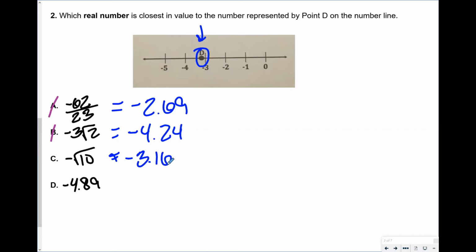Is this closest to the number line? And if we look at D, obviously no. So your answer is C. So our answer is C, because it matches what's on the number line. These numbers do not.